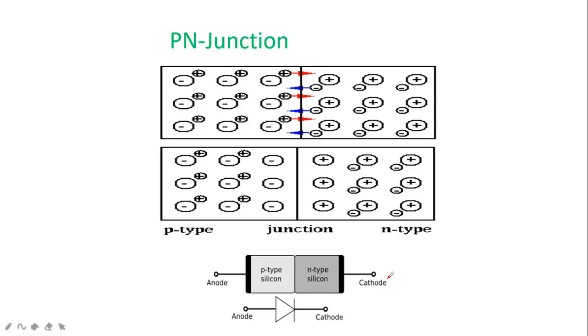Now let's talk about the application of these p and n-type semiconductors. p-n junctions or diodes are made using these p and n types of semiconductors. We'll study the concept of diode and its working in electronics, but for basic knowledge, if p and n both types of semiconductors are combined and made into a device, then it is called a p-n junction. The schematic representation of a p-n junction looks like this.